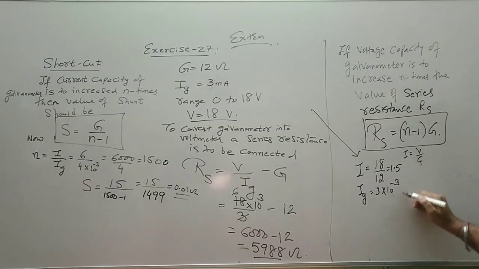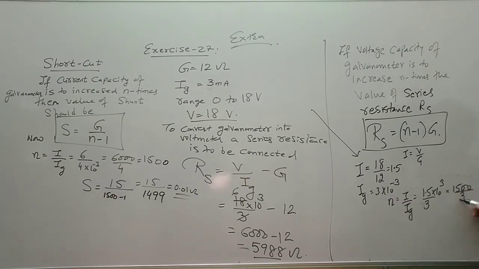Again, the formula n is equal to I upon Ig, which is 1.5 divided by 3 into 10 raised to minus 3. So this is 1500 divided by 3, which comes out to be 500. So n is 500. I take 500 minus 1, that is 499, multiplied by 12. You do this calculation and the value comes out to be 5988 ohms.